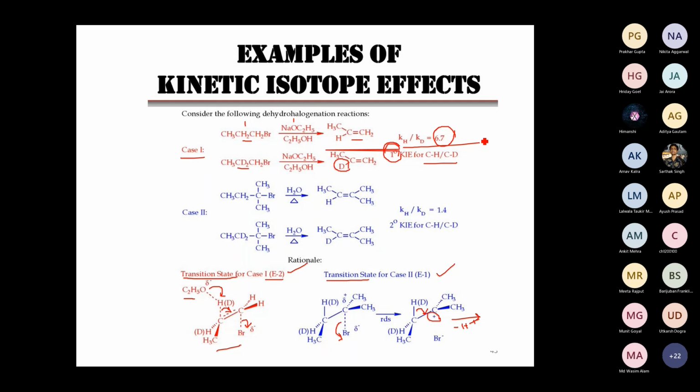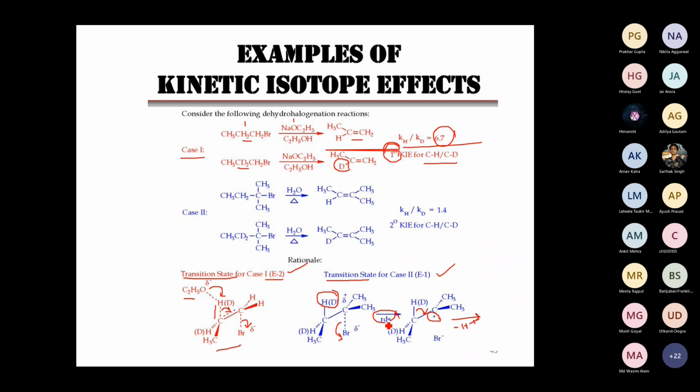E2, because you can see here the CH bond is being broken in the rate determining step. In E1, this bond is not being broken; it will be broken in the next step. So this cannot be the rate determining step if kH by kD is 6.7. Problem solved, right?